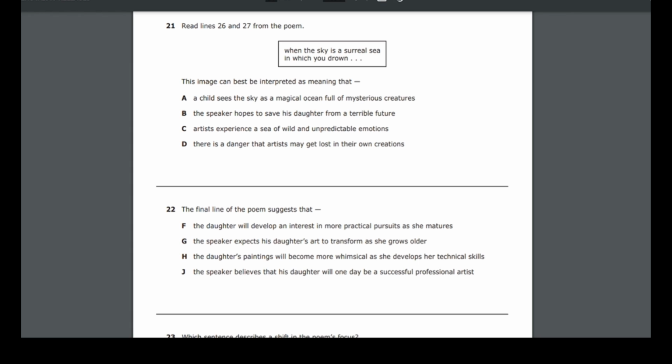All right. So when we come down here to question 21, it said read lines 26 to 27 from the poem. Once again, as we stated before, students will often want to go up to the poem and read that. They don't need to. It's right here in this box. And when you read this, when the sky is a surreal sea in which you drown, what they really need to pay attention to is right here.